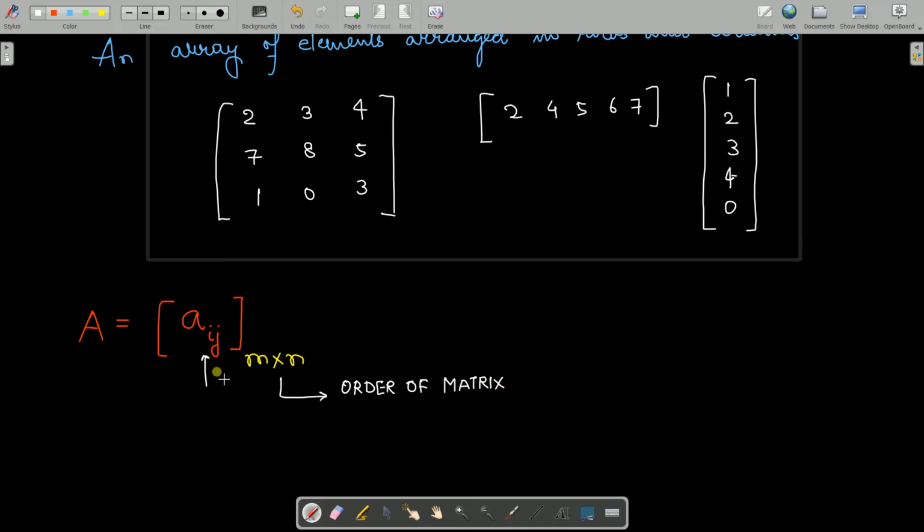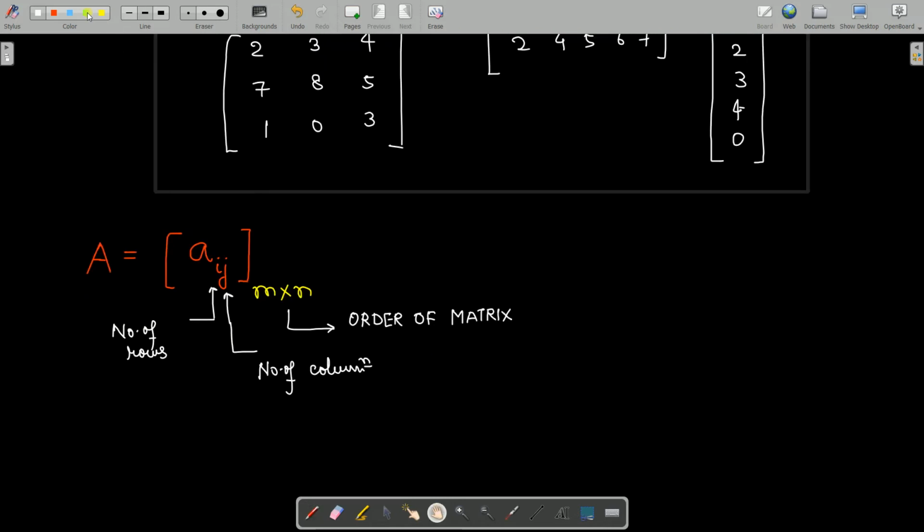This i and j have separate meanings. This i represents the number of rows, and here j represents the number of columns.